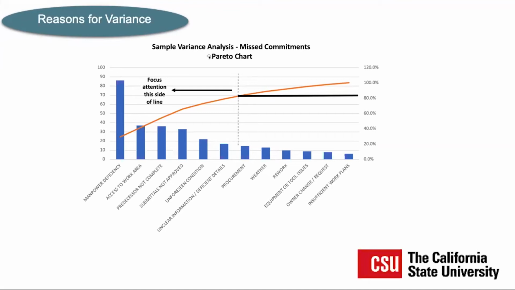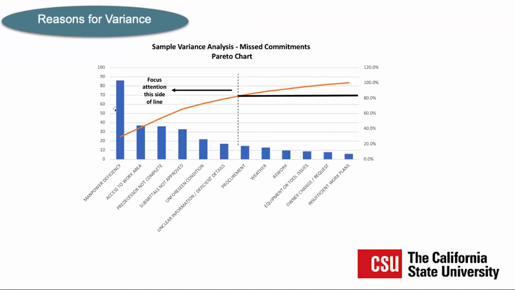In this case, this is just a sample from a project. Even if you don't use a Pareto chart, you can use bar charts, pie charts, whatever works. But the Pareto chart is really the 80-20 rule: 80% of your problems are going to come from 20% of the issues.